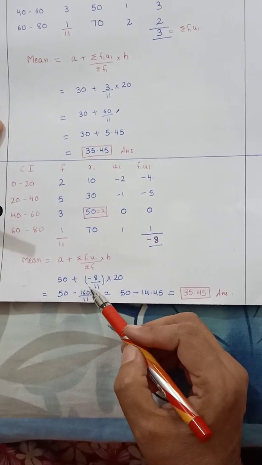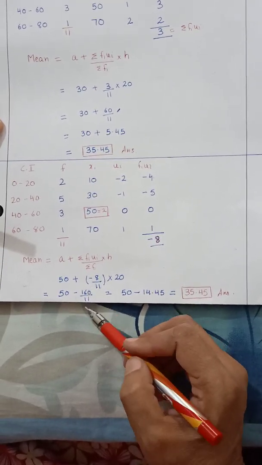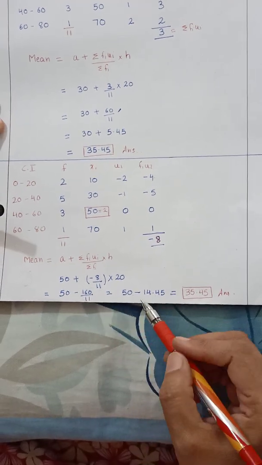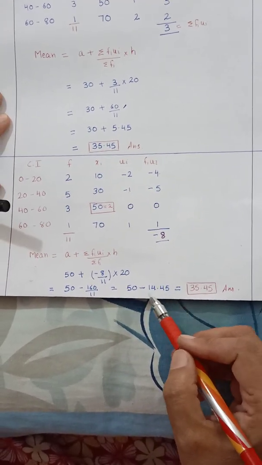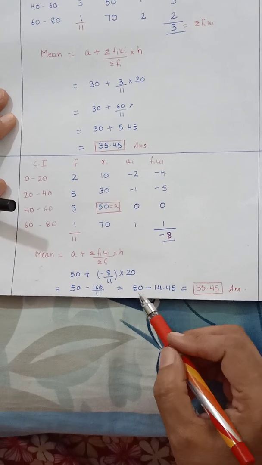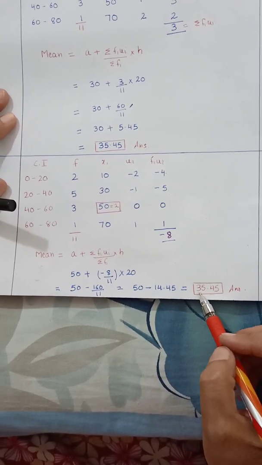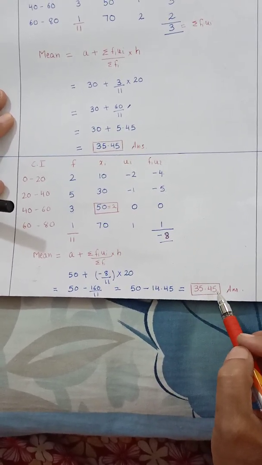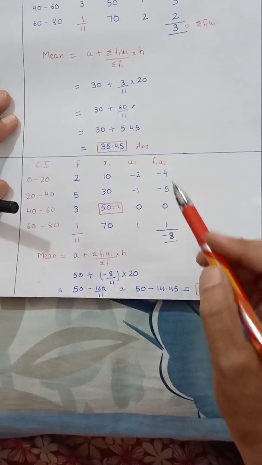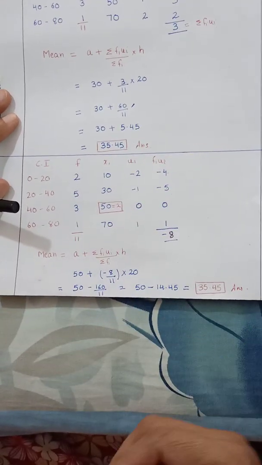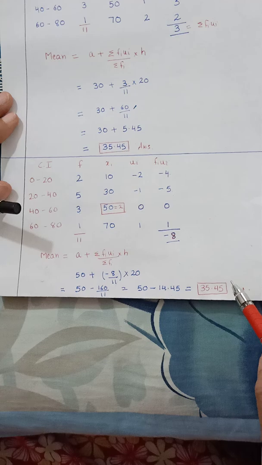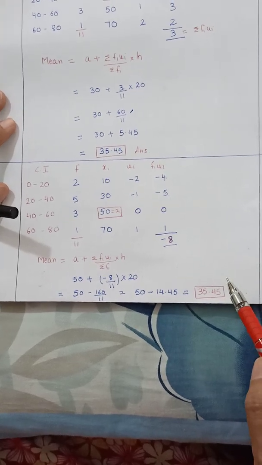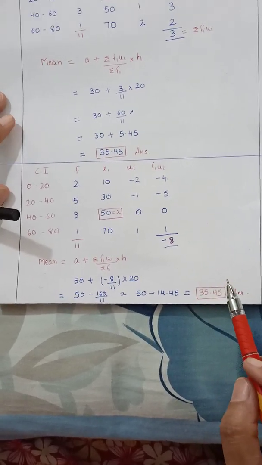Again, I suggest don't try to take LCM. Solve this part and you will get 14.45. Subtracting this from 50, we get the same answer, 35.45, which we got by the previous way. I hope you are clear for step deviation method. Thank you so much.